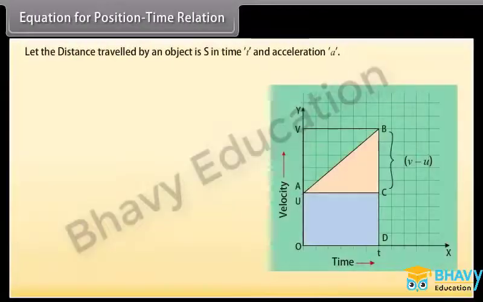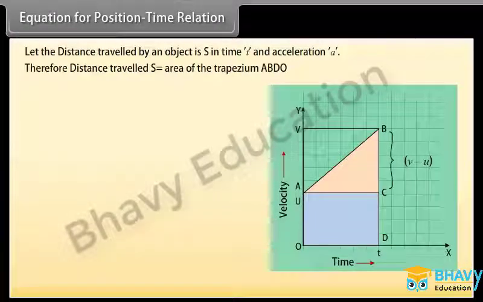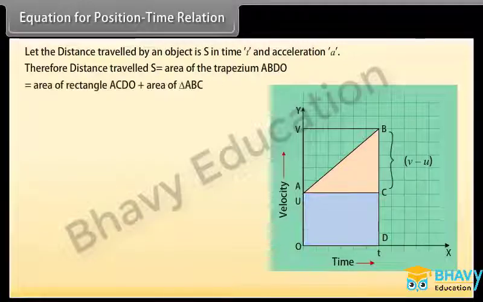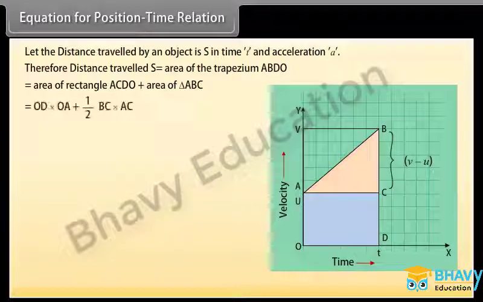Equation for position-time relation. Let the distance traveled by an object be s in time t with acceleration a. We can see that the distance traveled by the object is obtained by the area enclosed within the graph. Therefore, distance traveled, s, is equal to the area of the trapezium ABDO, which equals area of rectangle ACDO plus area of triangle ABC, which is equal to OD into OA plus 1 upon 2 BC into AC.